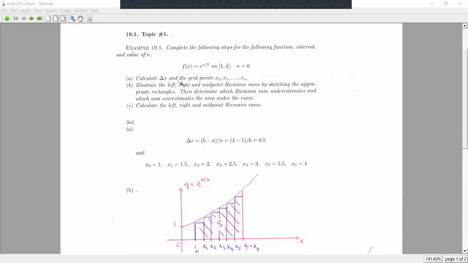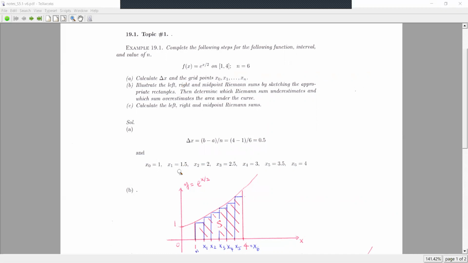Now, tell the grid points, tell the cutting points. X0 is always the left endpoint of the interval. So X0 is 1. The cutting point that follows X0 is X1. X1 is 1.5 because the length of the subinterval is 0.5.